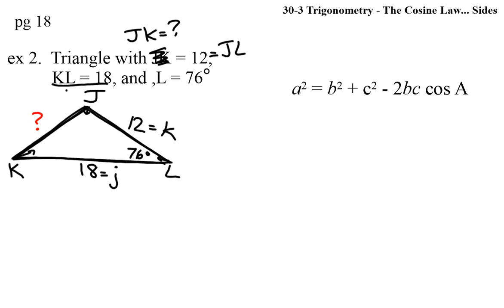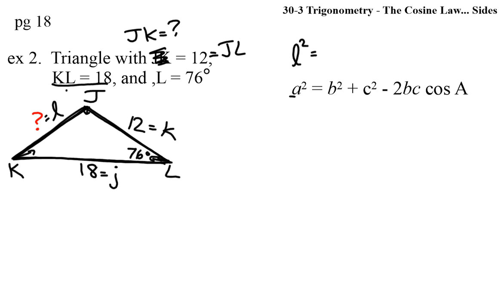Now, here's where JKL with a squared, b squared, c squared, bc cosine A. We don't have ABC. We have choices. One choice that you could do is to rewrite the formula. We're trying to find side L. So we know that we're trying to find L squared.